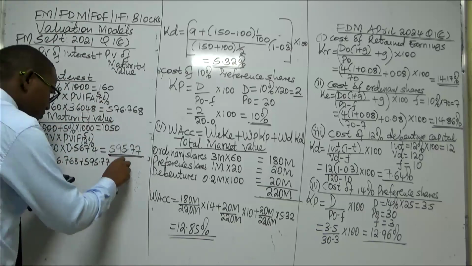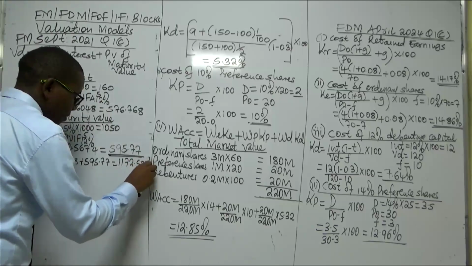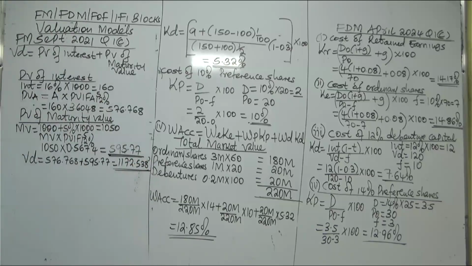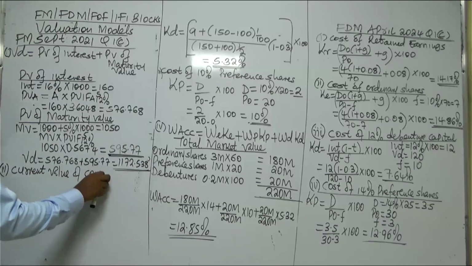This is 1172.538. That is the value of the redeemable bond. Roman number 2 is the current market value of a convertible bond.